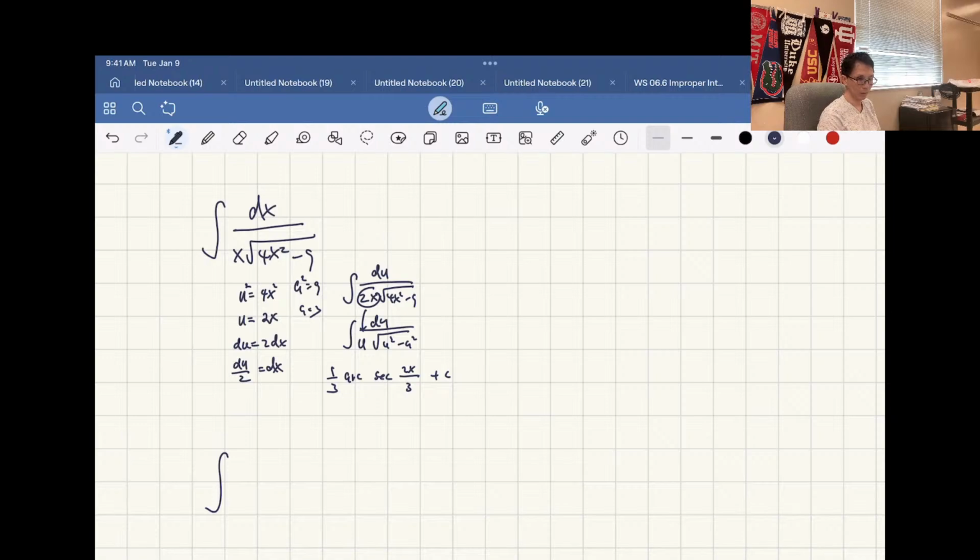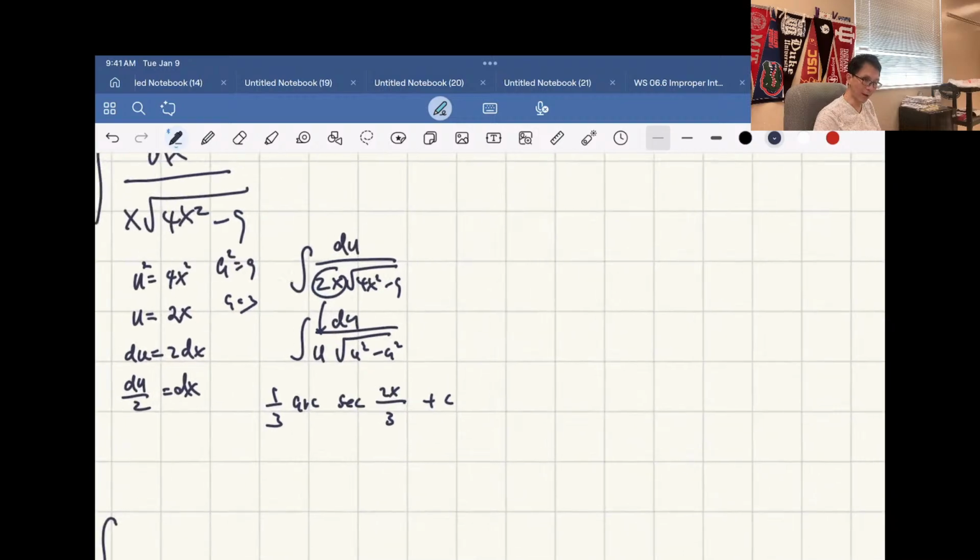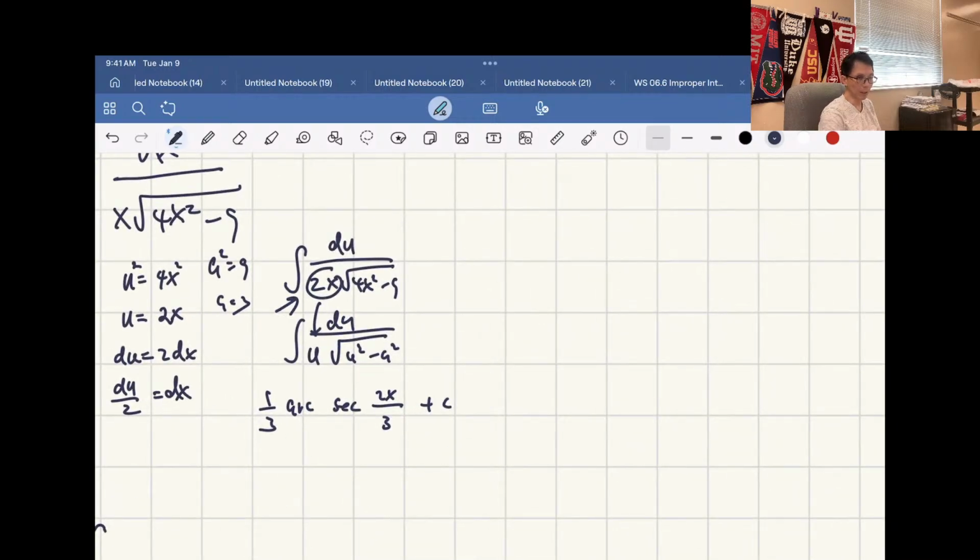Yeah, so I did this 2x because I needed this to be u in order to use arcsecant. In this case, it's u now. If it's not, then you have to do something else. So essentially it's u, even though it's an x in the problem. No, it's because this is 2x there.